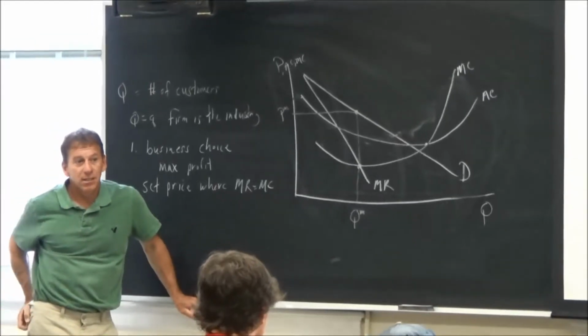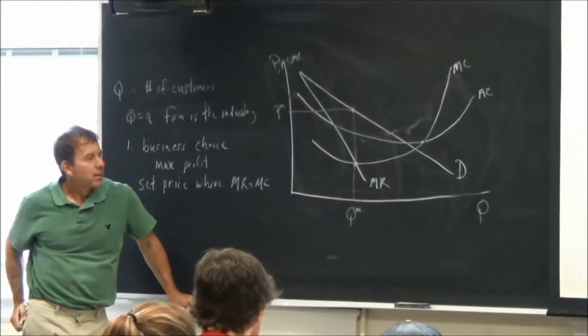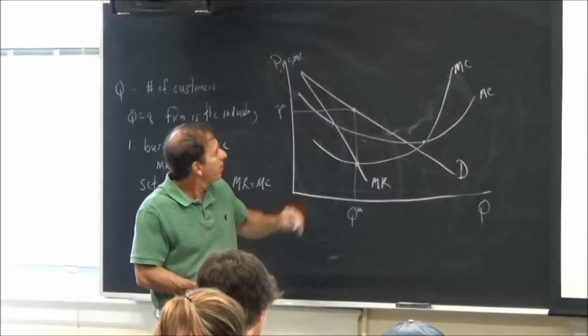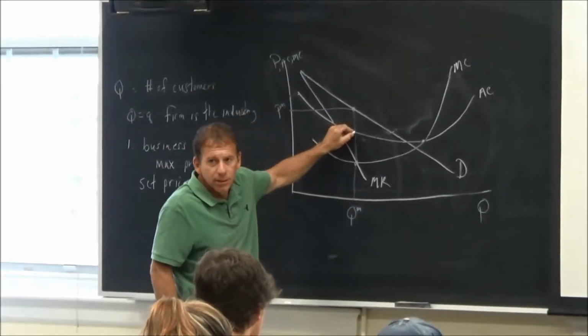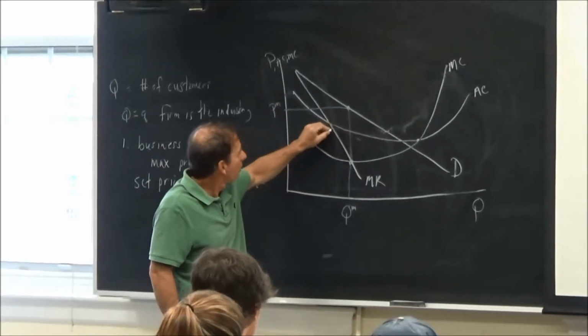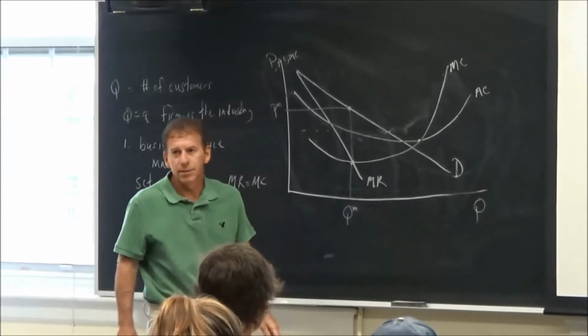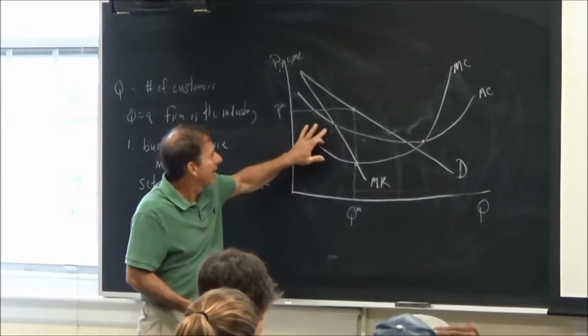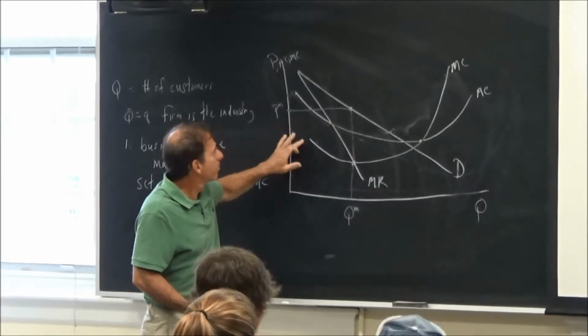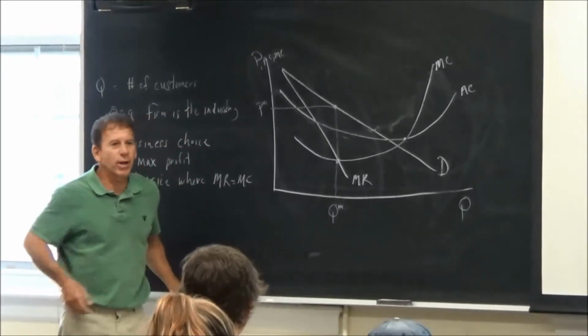Everybody see that? And the profit area is the box. The profit would be from here, from the AC over there. So I go like that, and that would be a profit box right there. I'm going to get that out of there for a second because it's going to be a messy graph anyway.